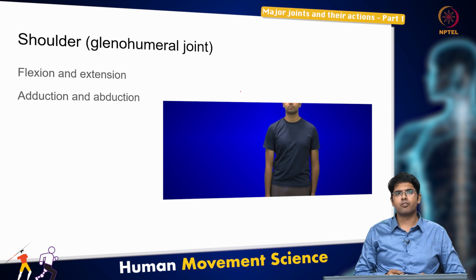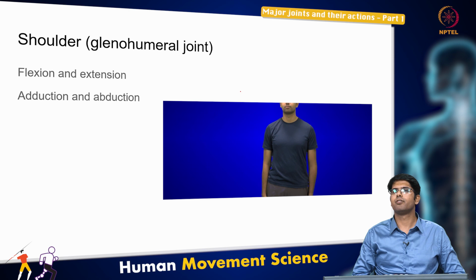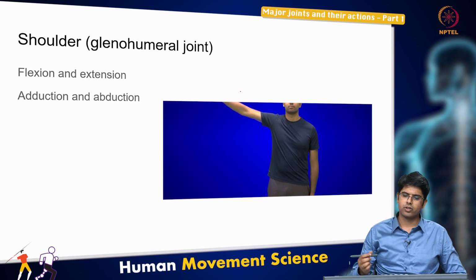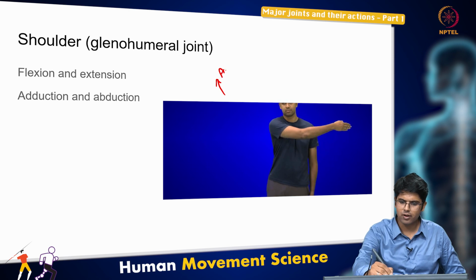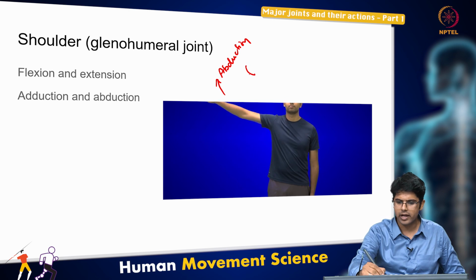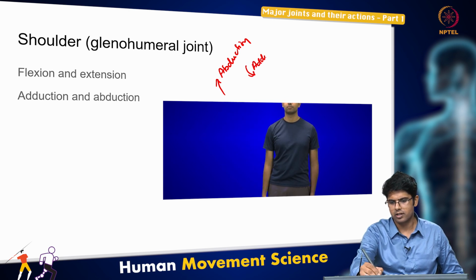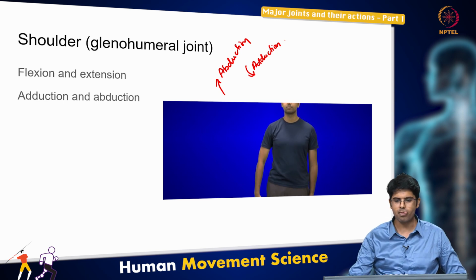Next up is the movement in the frontal plane, which is the abduction and adduction of the shoulder joint. Abduction is the movement away from the body, and adduction is the movement towards the center line of the body.